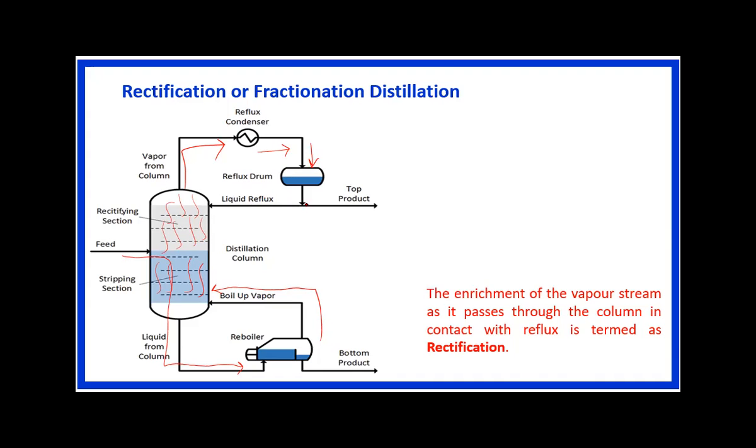From this quantity, if needed, part of the condensed liquid goes back to the top of the column, that is, to the top plate of the column. That part which goes back to the top of the column is called liquid reflux, or reflux only.